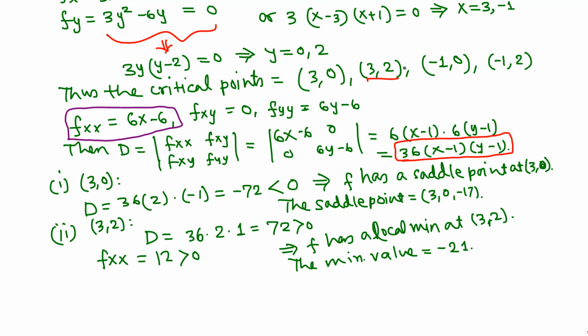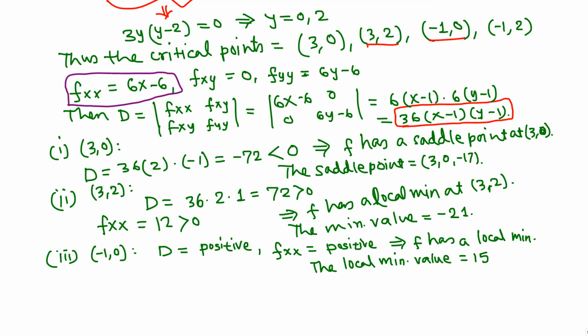So let's do the third critical point, (negative 1, 0), with the same type of work. We have D here; plug in x equals negative 1 and y equals 0. Negative 1 minus 1 is a negative number and 0 minus 1 is negative, so when we multiply we get positive. D positive means we need to find the second derivative fxx at (negative 1, 0). Here it is 6x minus 6.